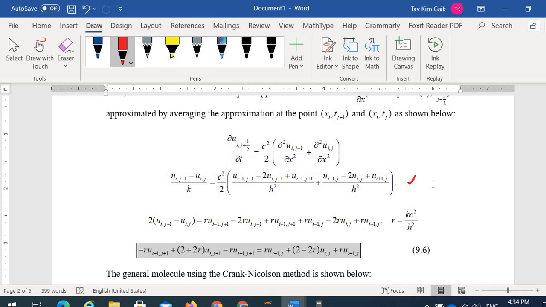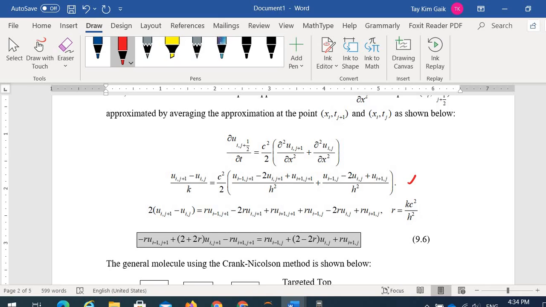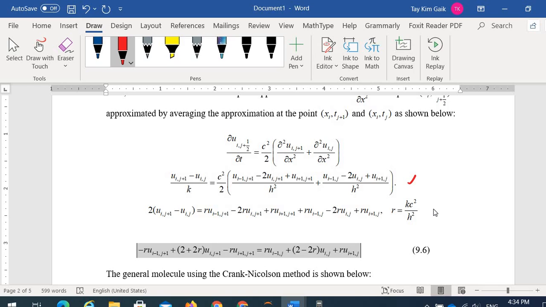And then we'll bring all the j plus 1 to left side. The level j bring to right side. That's why this becomes minus r. So this becomes plus 2r here. This is minus r. And then initially got 2 u i j plus 1. We take this term, when you bring to left side it becomes positive 2r.